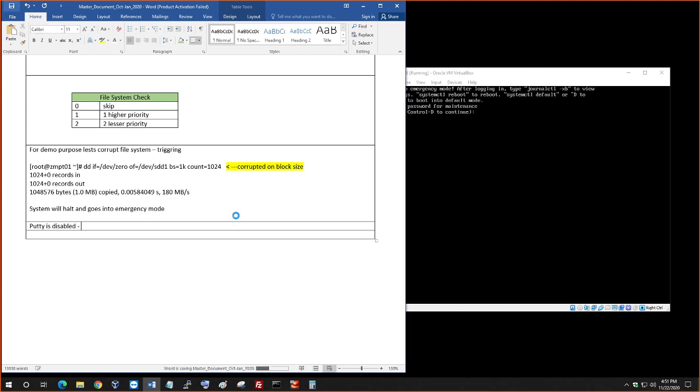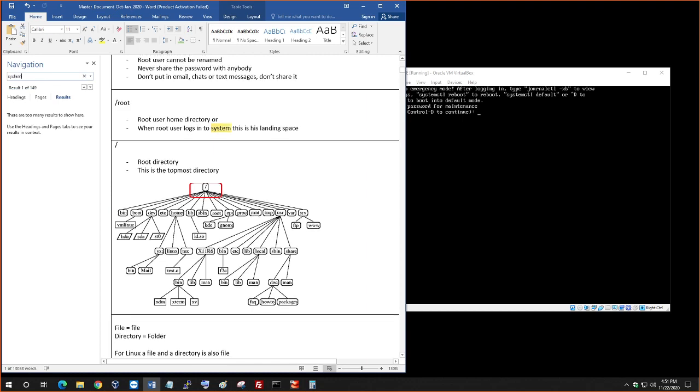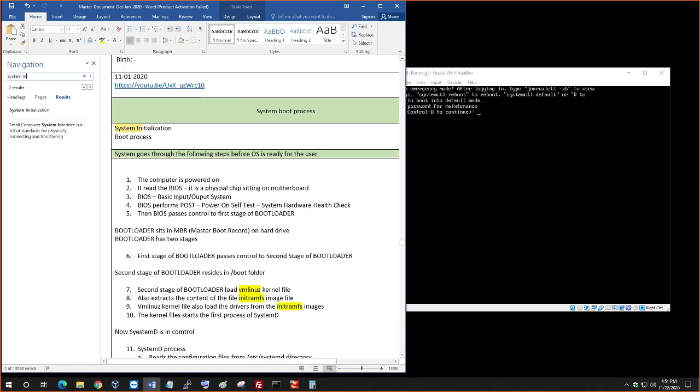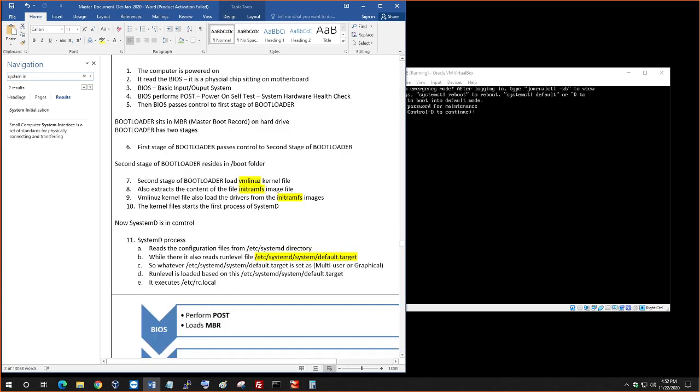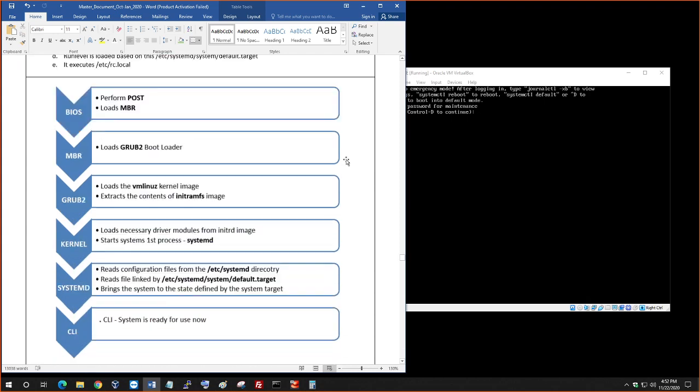If you go back up here, system initialization, the system boot process, it goes through all these processes, POST and all this and that.